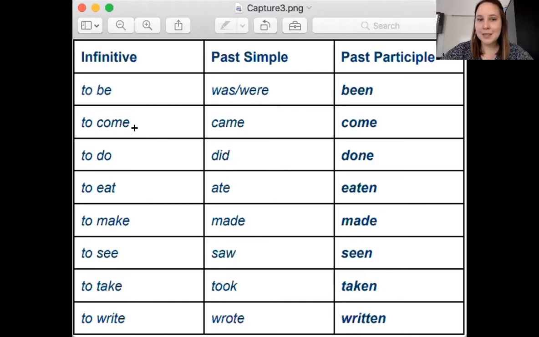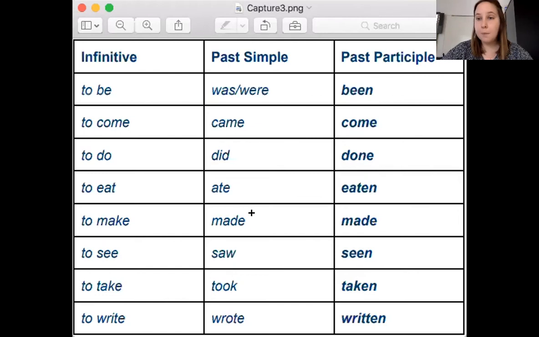Come is another example. Come, came, come. The past participle sounds like the present. See is a pretty common example. See, saw, seen. Now these are ones that you'll get used to over time.